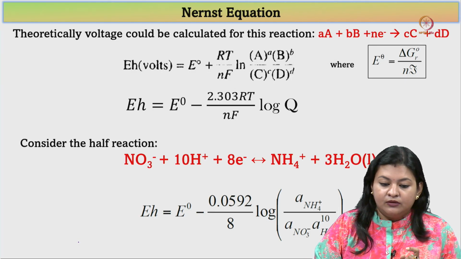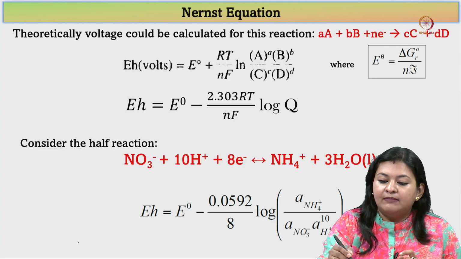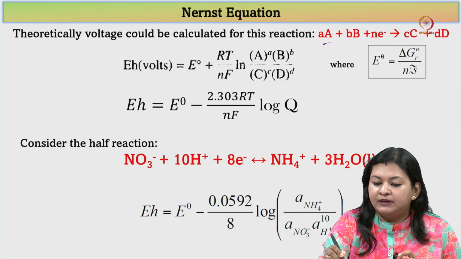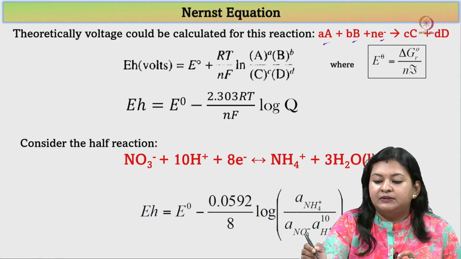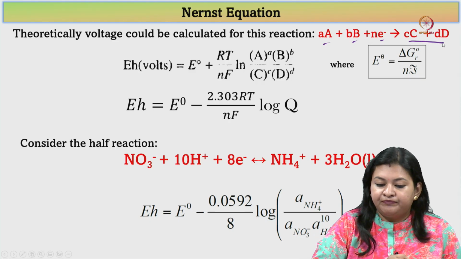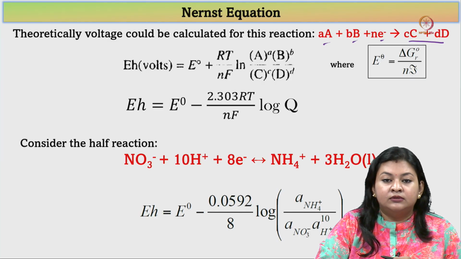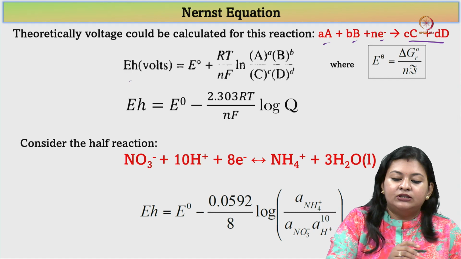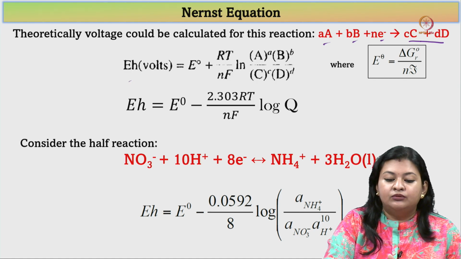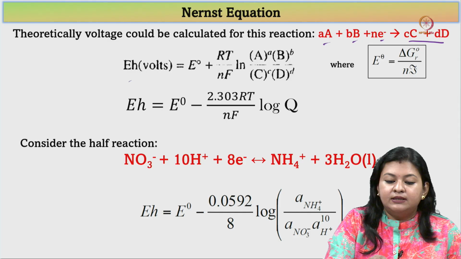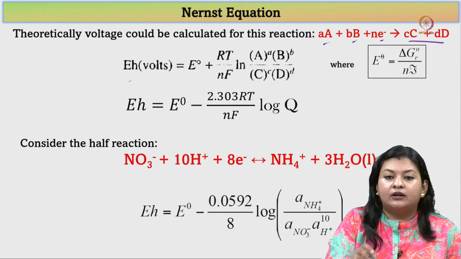So, it is calculated. For example, if there is a reaction where A plus B accepting electrons forms C plus D, how do we write it in terms of an EH equation? In terms of EH, it will equate to E0 plus RT divided by NF into ln of the reactant divided by the product.